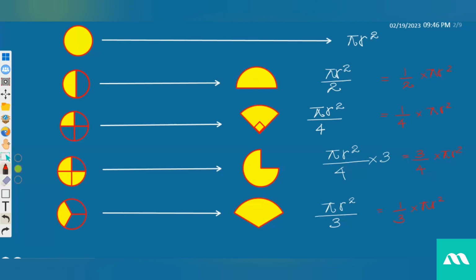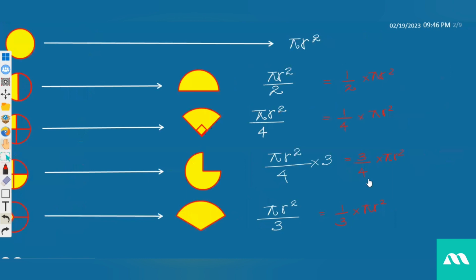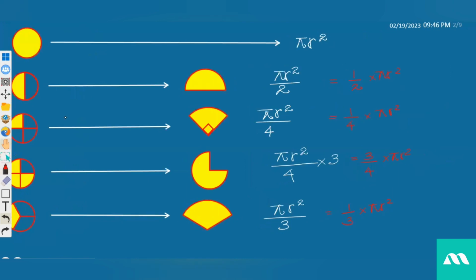Then, if we consider the angle at the center, here it is 180 degrees. The angle at the center of a semicircle is 180 degrees. If we write it as a fraction of the angle around a point, which is 360, this gives 1 upon 2.